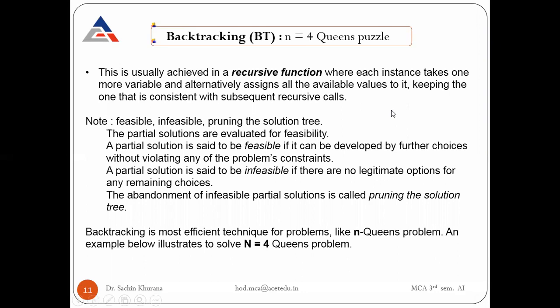Now, for the case of the 4-queen puzzle, again using the backtracking method only. This is usually achieved in a recursive function. Recursive means going on doing the same thing repeatedly. The major aspect, or conditions, is the movement of the queen, which we know is either horizontal, vertical, or diagonal.